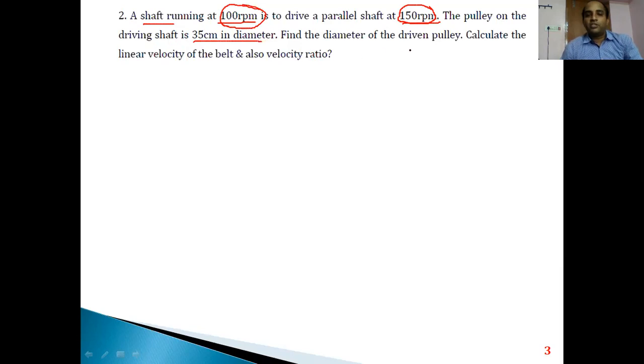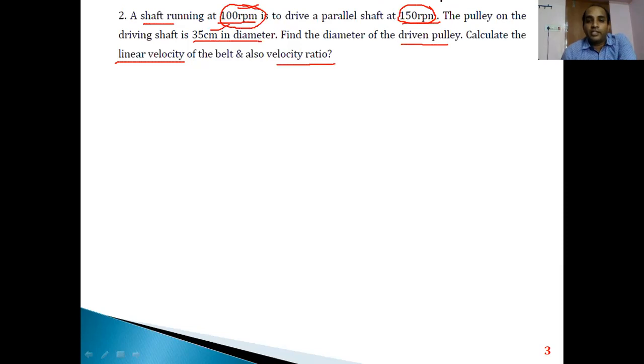You need to find out the diameter of which one? Driven pulley. Along with this, another additional condition given is you need to find out the linear velocity of the belt, and you also need to find out the velocity ratio. So once we have seen that the 100 rpm is the driver pulley, then its diameter is 35 centimeter.